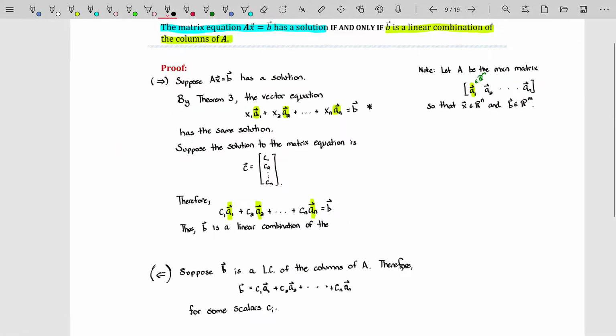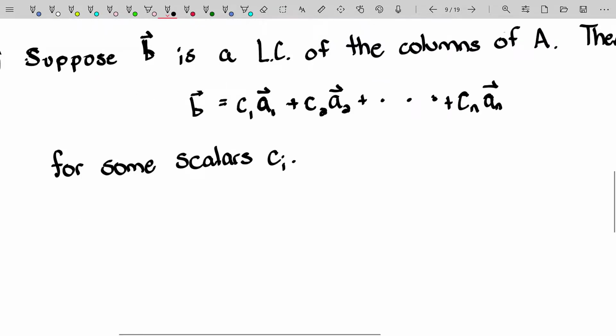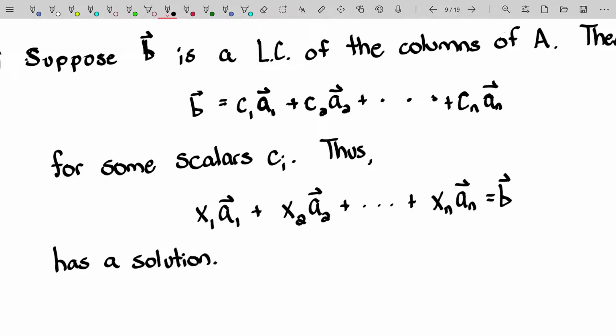Well, I would like to trade out those scalars c for x's so I can eventually get to Ax equals b. Well, the fact that b is a linear combination of the columns of the matrix A tells us the following equation has a solution. Specifically, the solution is just c1, c2, c3, all the way to cn.